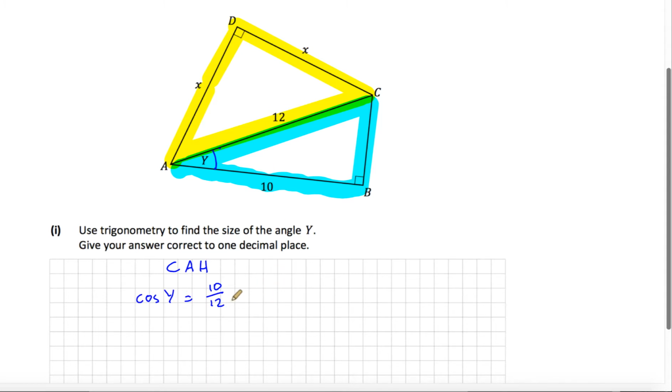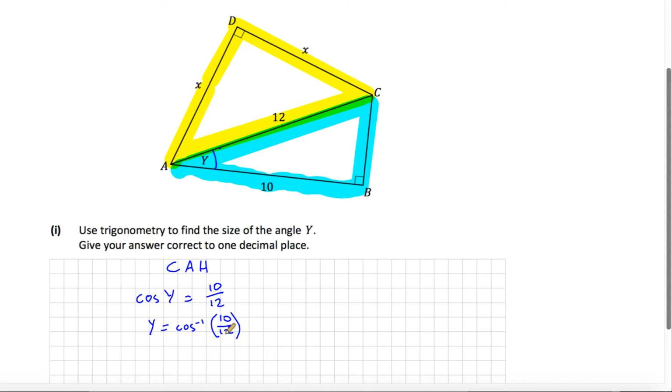So if the cos of the angle y is 10 over 12, well, that means the angle y is the inverse cos of 10 over 12. So if we do that in our calculator, press the shift button, shift cos 10 over 12.